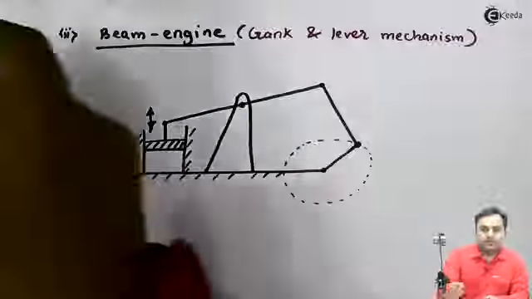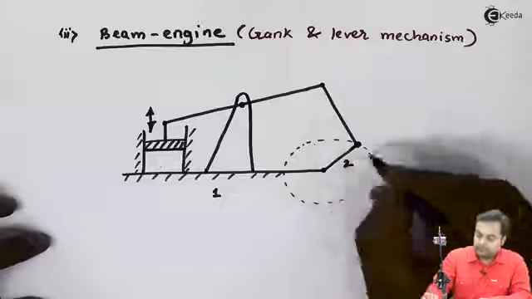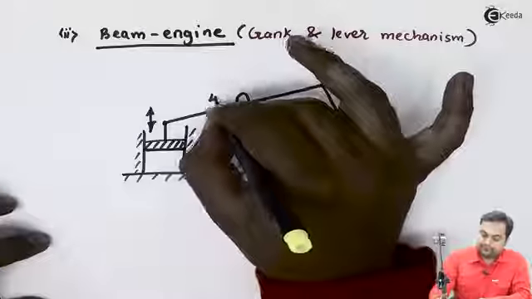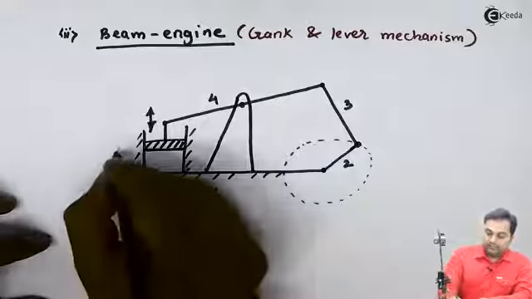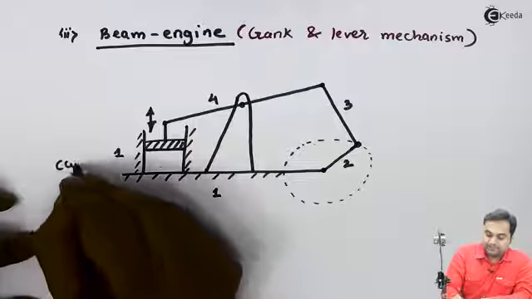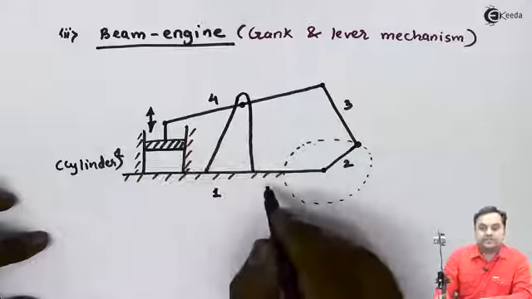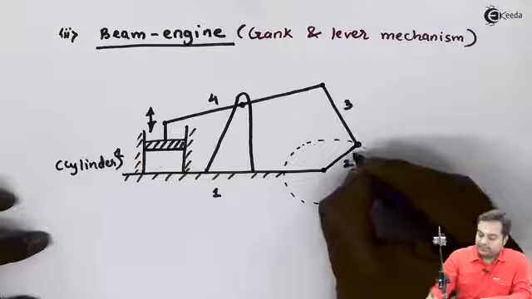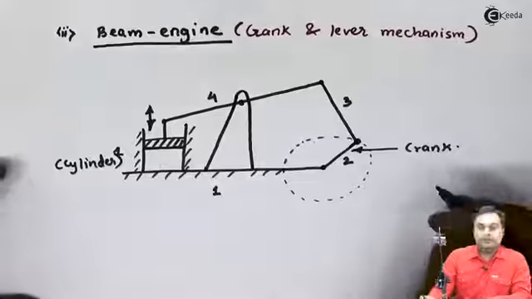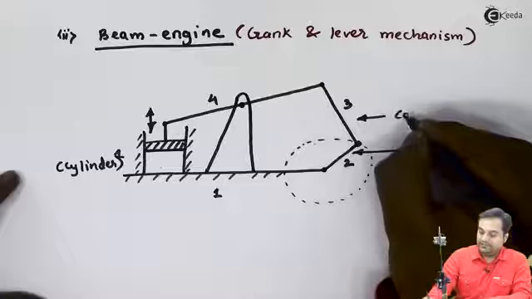Here as well we have 4 links. I'll call them link number 1, link 2, link 3 and link 4. Link 1 is the cylinder. So I am fixing the cylinder here. Link 1 is fixed, as we can see. Link 2 is called the crank. Link 3 is called the connecting rod.